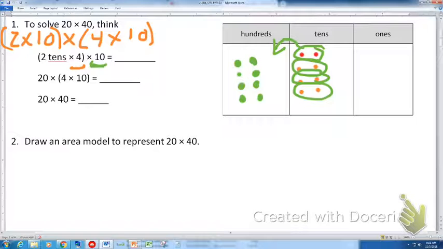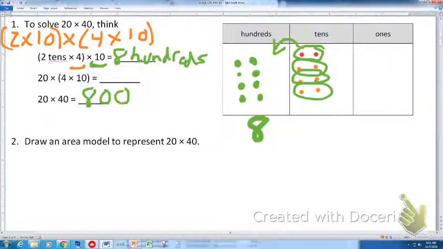So we have 8 discs or dots in our hundreds. Okay, so we have 8 hundreds, which will give us 800.